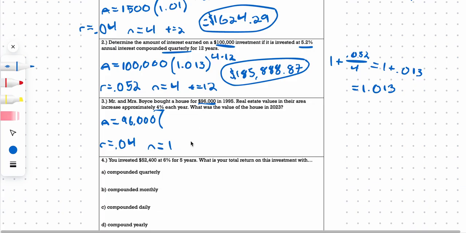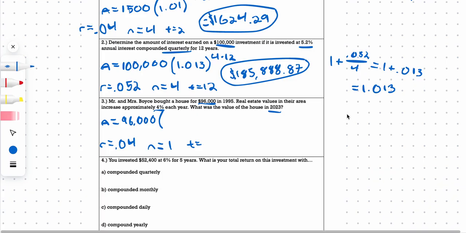Now, T is going to be equal to, well, we actually have to find out what T is equal to. We're trying to find how much money it amounts to, what's its value in 2023.